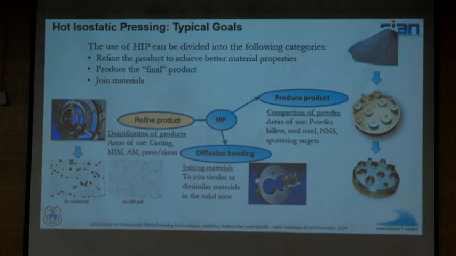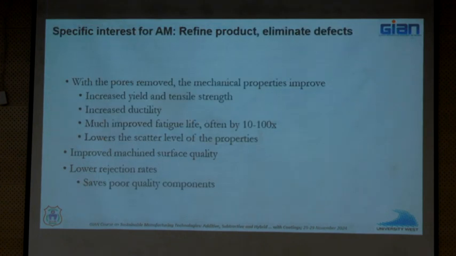I mean, there are enough hipping equipments actually in India itself. But we are now using this existing technology, which has been especially in vogue for powder metallurgy components, and now you want to use it for additively manufactured parts to both enhance properties and eliminate defects, right?